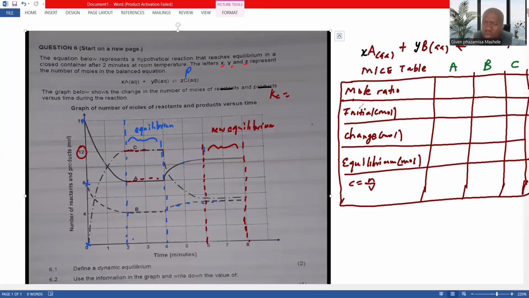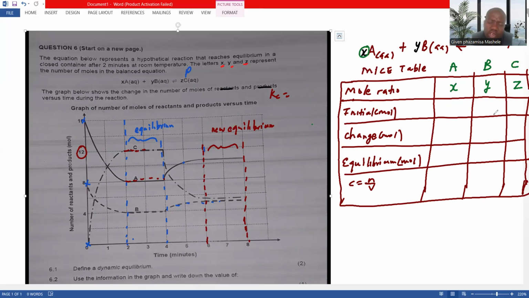Right, the mole ratio for substance A is X. The mole ratio for B is Y. And the mole ratio of C is Z. Now, ladies and gentlemen, I just want to analyze this. I don't want to go through the questions yet.